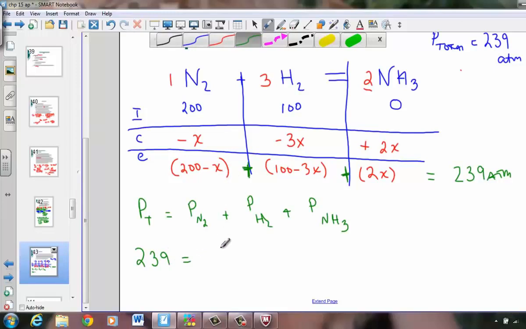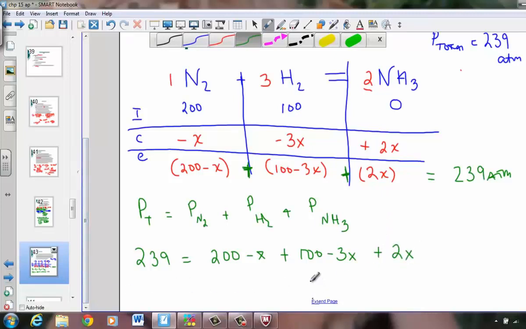We know the partial pressure of nitrogen to be 200 atmospheres minus x, plus the partial pressure of hydrogen, which is 100 minus 3x, plus the partial pressure of ammonia, which we let represent 2x.